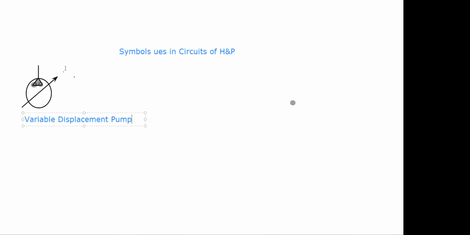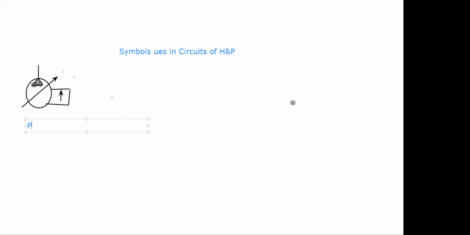Okay, and if we want to make it a pressure compensated pump, then we have to add another piece of equipment to this. Now this is the symbol for the pressure compensated pump.